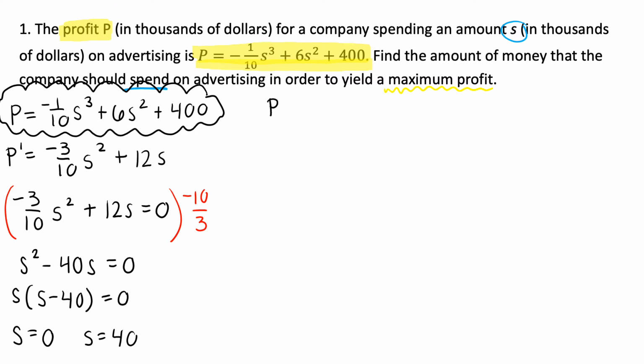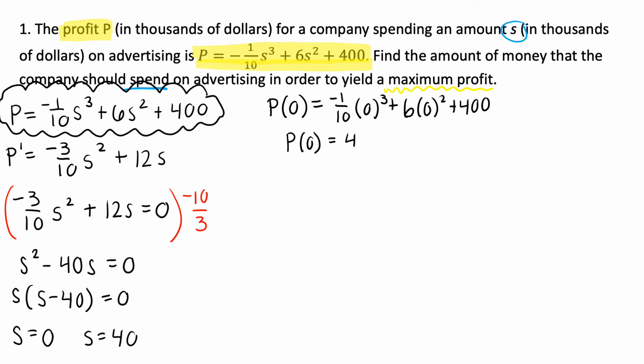So if we look at the profit when we spend $0, we have negative 1/10 times 0 cubed plus 6 times 0 squared plus 400. Gives us 400, and remember this is in thousands.